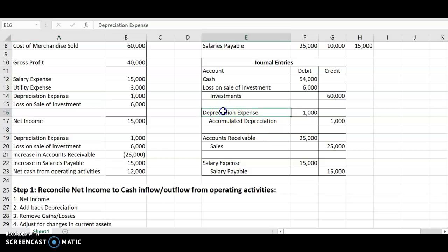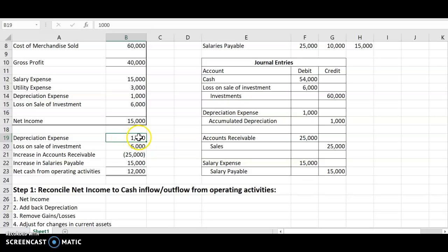If you look at my journal entry that would have been made, you debit depreciation expense and you credit accumulated depreciation each time you have an adjustment for depreciation. And notice there is no cash coming out, so we need to add that back in. So that's what I've done right here, I've added back my depreciation expense.